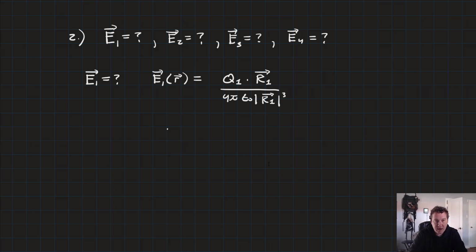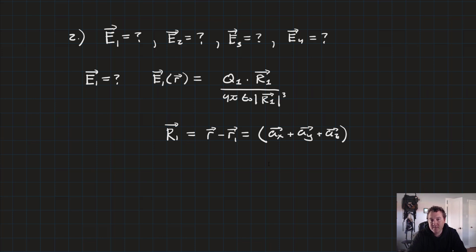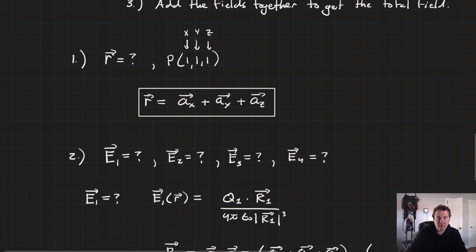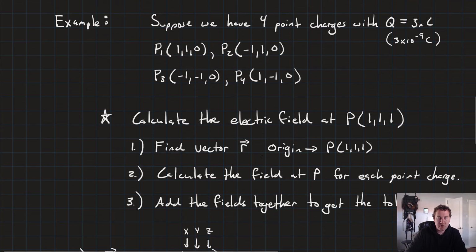And the first thing we need to do is calculate our vector R sub 1, which is equal to r minus little r sub 1, which is equal to the unit vector a sub x plus the unit vector a sub y plus the unit vector a sub z minus r1, which came from point 1, which is equal to P sub 1 at 1, 1, 0.